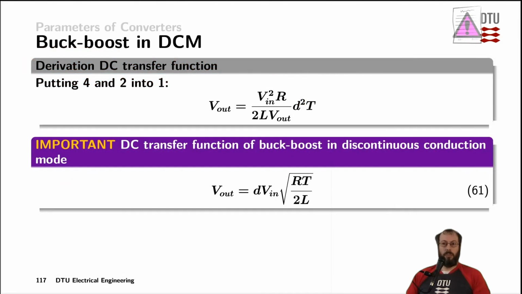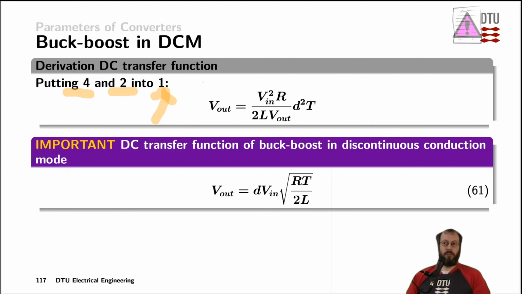As we did with the buck converter, we can also for the buck boost converter directly put the expression for the average input current, equation number 4, and the equation for the average output current, the load current, which was equation number 2, into our assumption that the converter is 100% efficient, which is equation number 1.